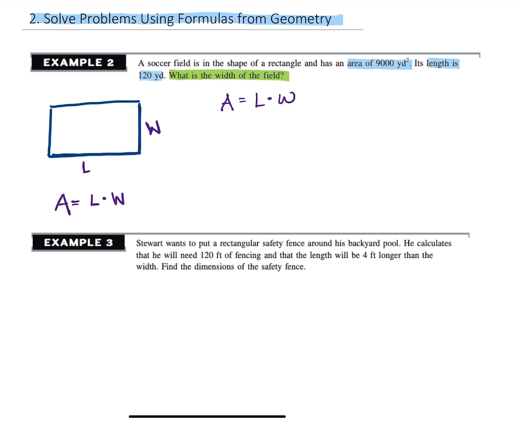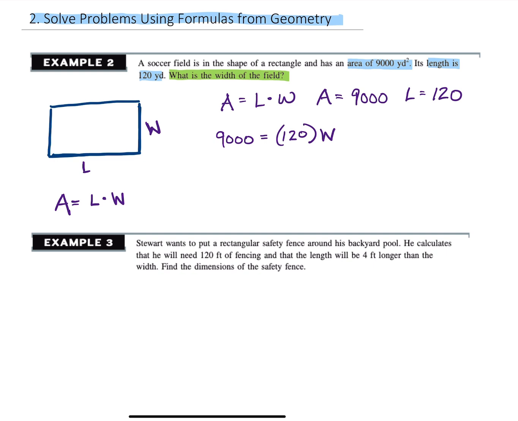And what are we given? Well, they said the area is 9,000 square yards, and the length is 120 yards. So let's plug in what we have and see what's left over. So instead of A, I'll say 9,000 equals length times width. The length is 120, and then we're trying to find out what the width is. So that's our unknown.